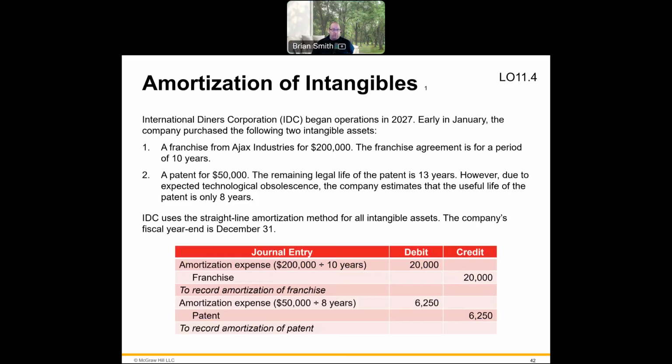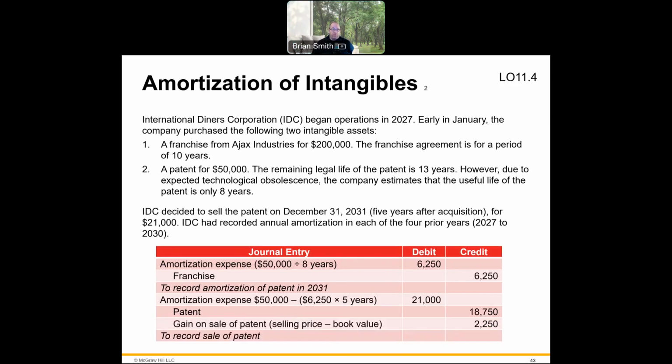In the first one, the franchise is 200,000, and we have it for 10 years. Just divide that by 10. In the other case, it's 50,000 divided by the 8 years. We're recording the amortization of the franchise and the patent. Really easy. There is no residual value for intangible assets, at least not that I've seen.